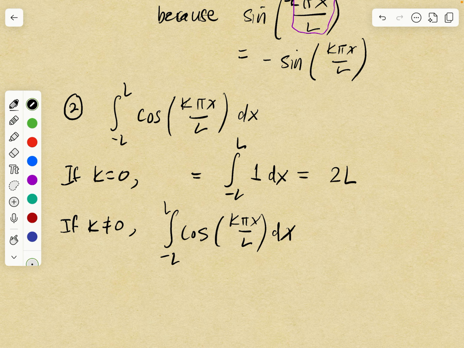Or, if you can easily do this, you can rewrite this as L over k pi times sine of k pi x over L. That would be the antiderivative, evaluated from negative L to L.